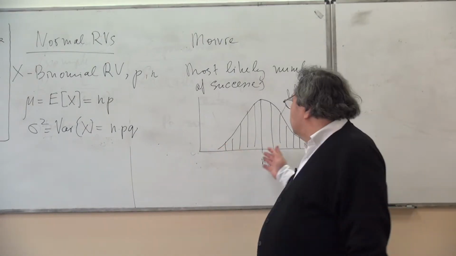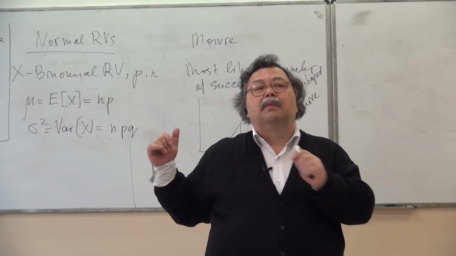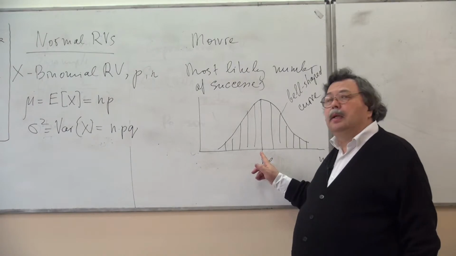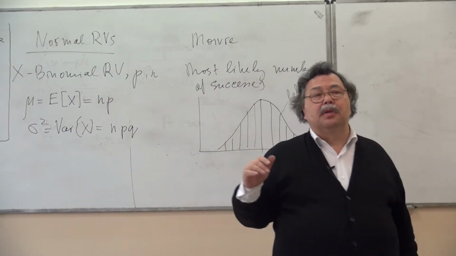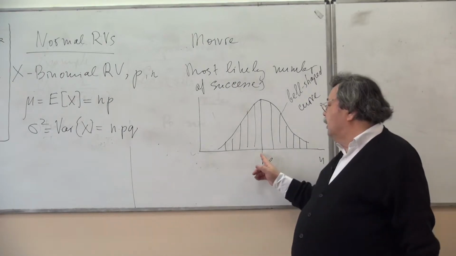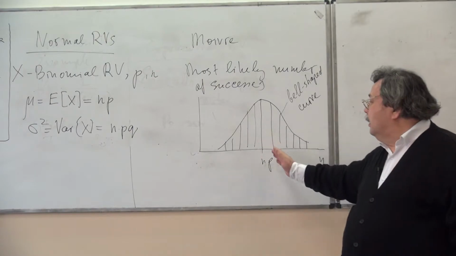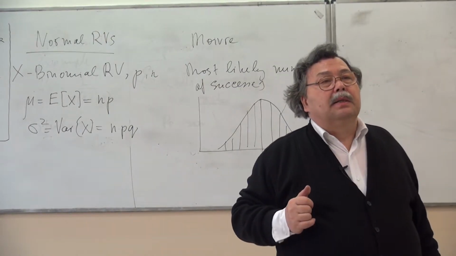Now, this is exactly what was noticed. When n increases, this bell-shaped curve actually remains itself, but it's not placed at some fixed position on the line. When n increases, n times p increases proportional to n. And n times p can be thought of as the center of this distribution.